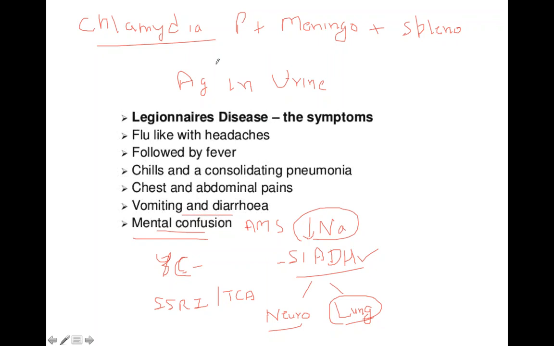In case of Q fever, it mainly occurs when you are exposed to secretions of pregnant animals. In Q fever we have pneumonia plus meningoencephalitis and hepatitis. So this way you can remember.